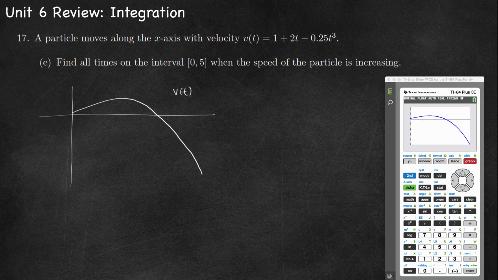So my velocity is positive when it's above the x-axis. So I'm looking for positive and increasing, and that happens until this relative max right here. So velocity is positive and increasing. Here it's still positive, but it's decreasing. Here it's negative and decreasing.